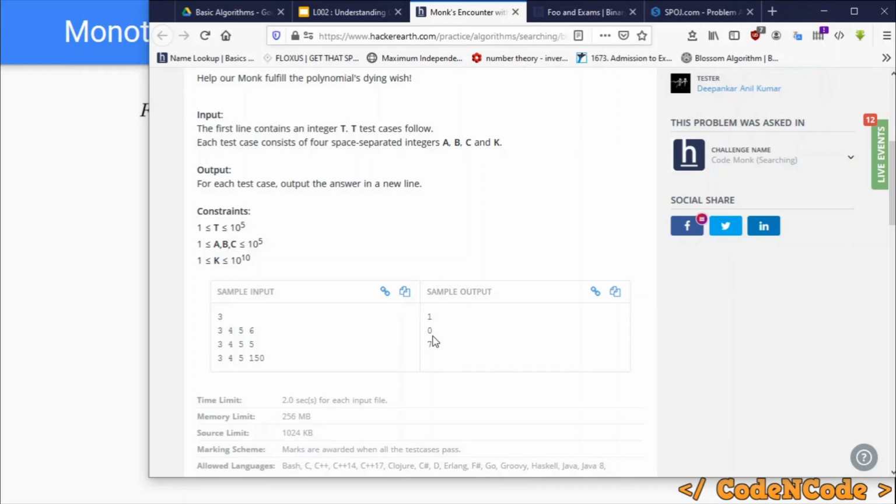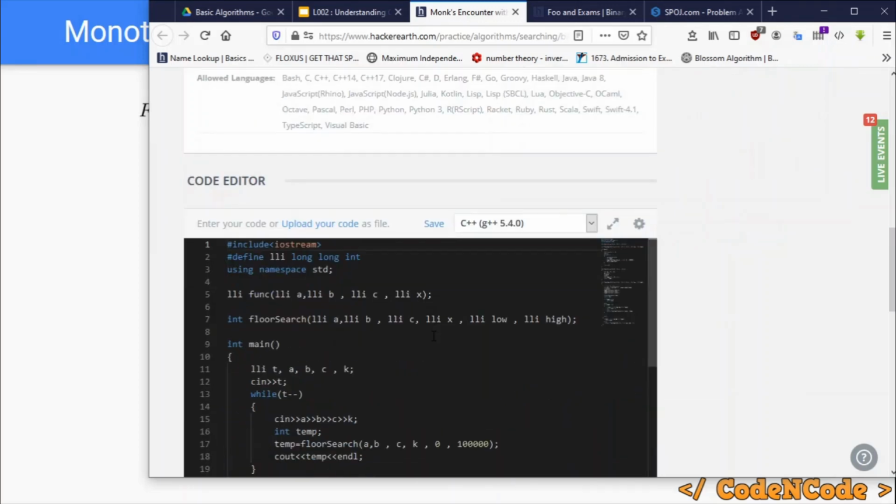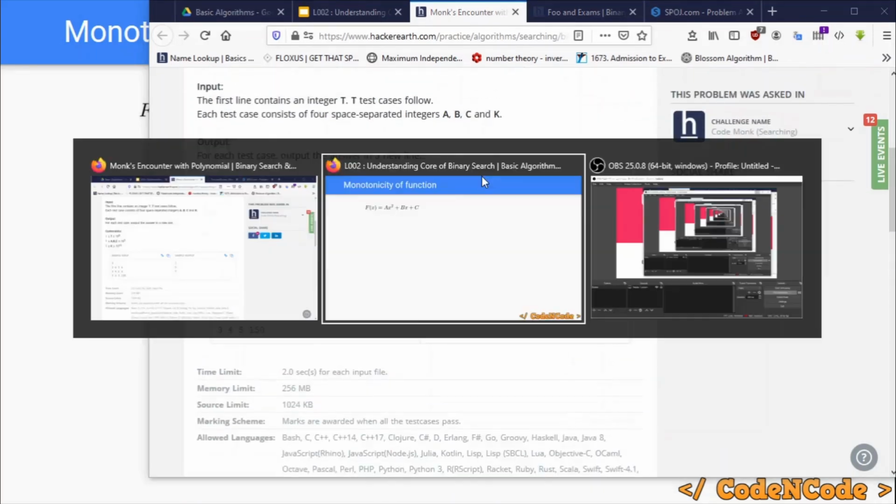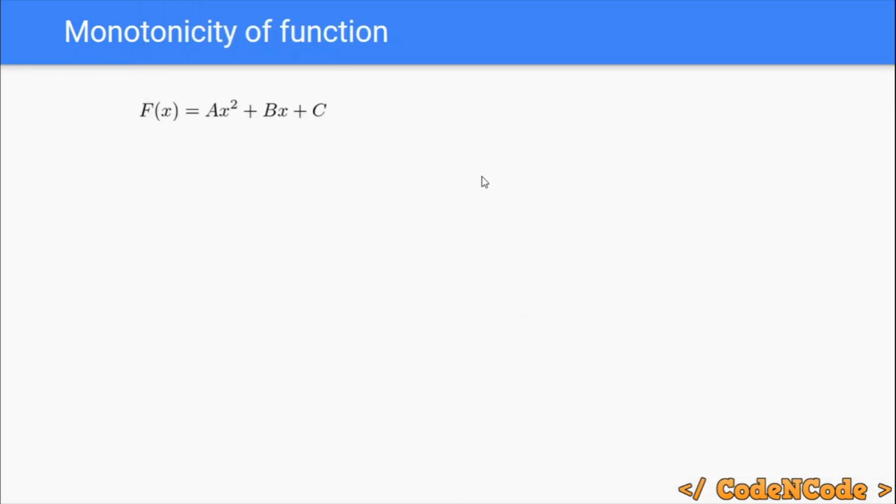In this domain the quadratic function is actually increasing. To prove this, of course this is the problem to find the smallest x such that fx is greater than or equal to k.